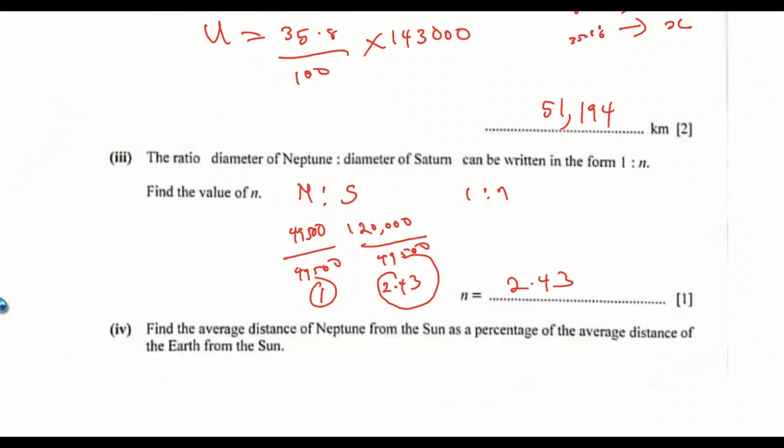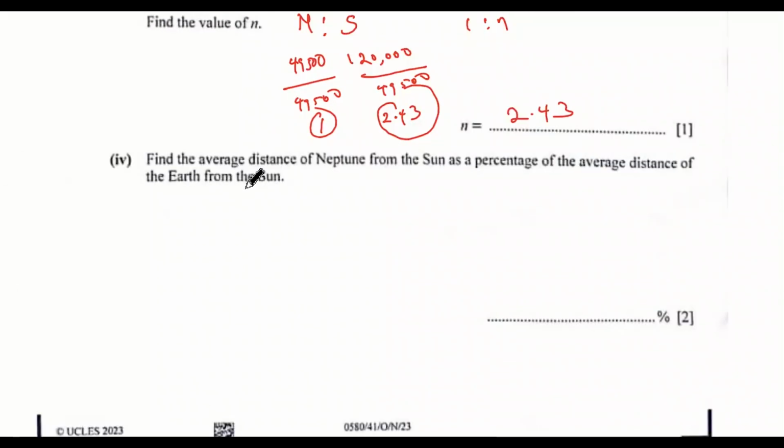2.43. Okay, so Roman figure 4, find the average distance of Neptune from the Sun as a percentage of average distance of the Earth from the Sun.